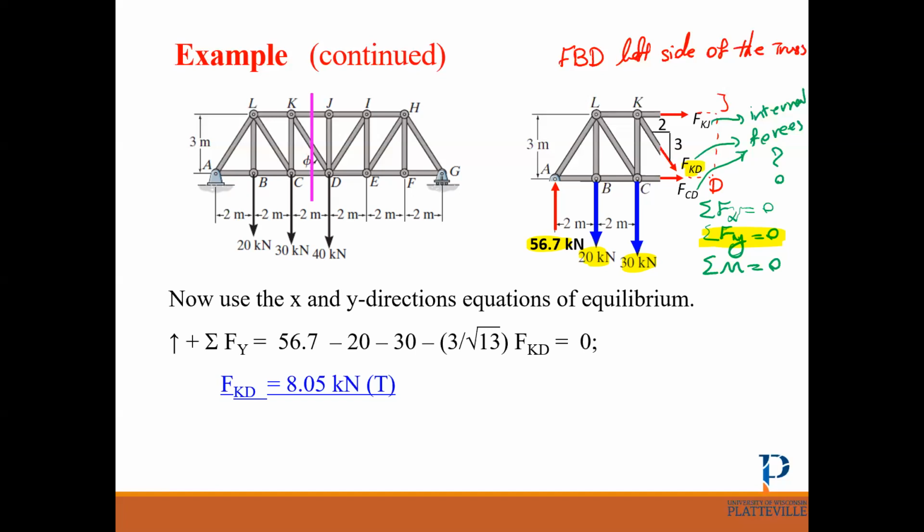How about sum of Fx? If I write sum of Fx, the only x component I have is the x component of FKD, it's FCD and also FKJ.